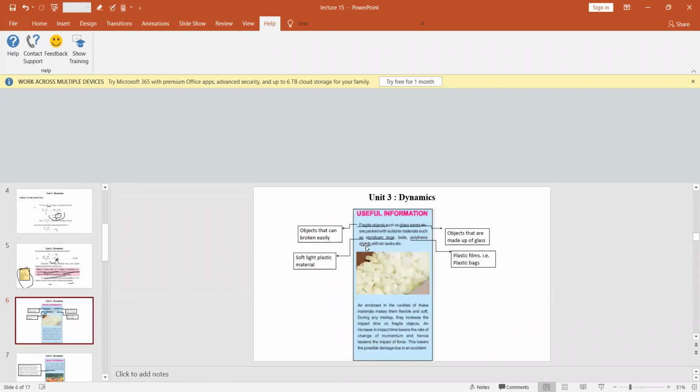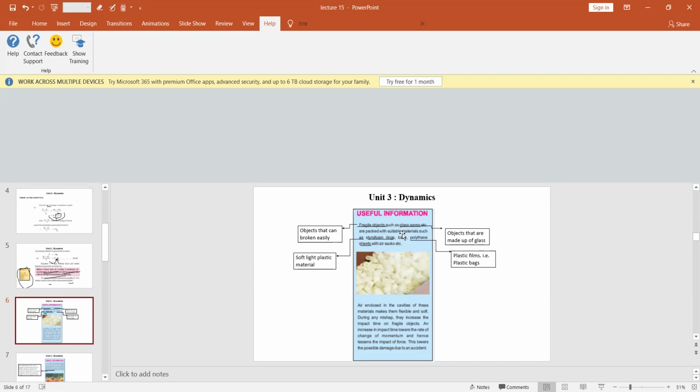Now, useful information. This information is also related to the topic, the relation between momentum and force. Fragile objects such as glasswares, etc. are packed with suitable materials such as styrofoam rings, balls, polythene sheets with air sacs, etc. Fragile objects are those objects which are easily broken, meaning these objects are very sensitive, and we are taking the example of glasswares.